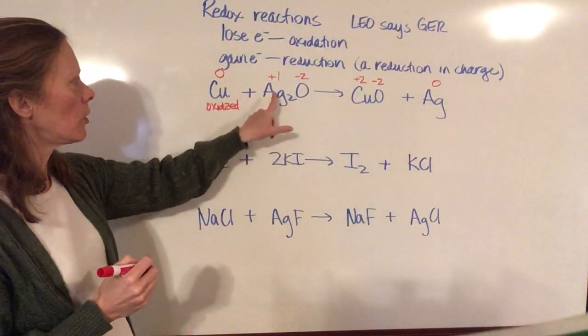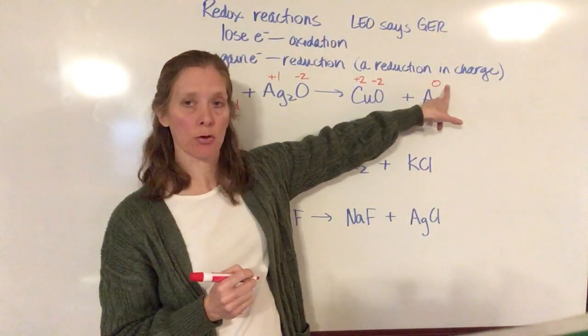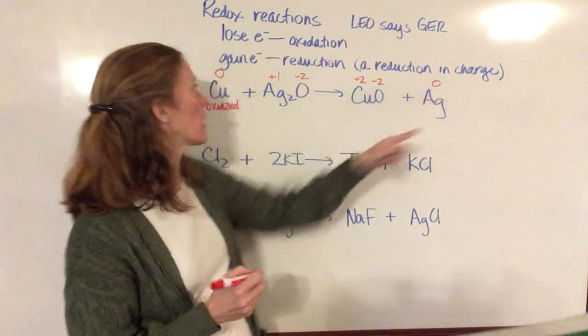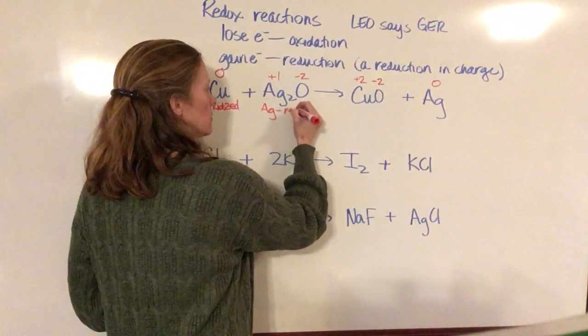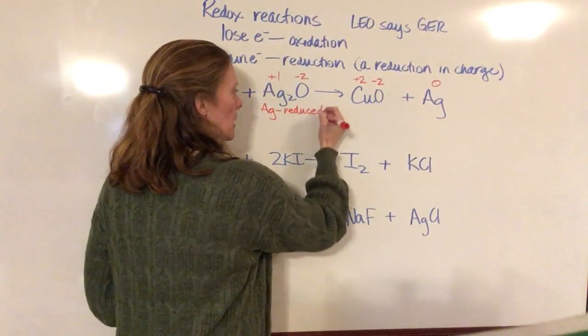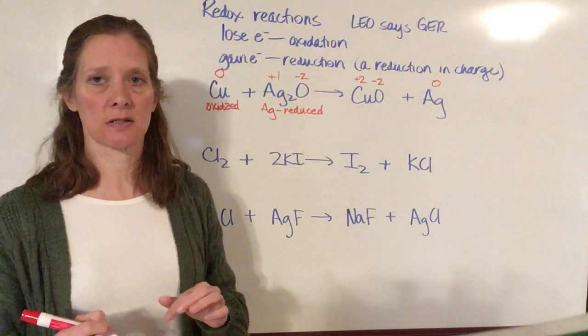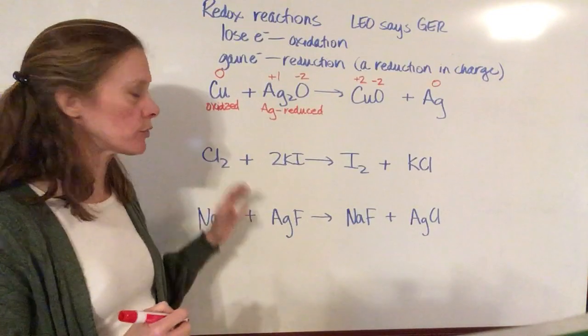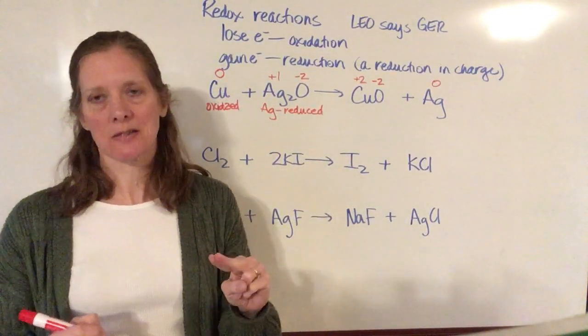The silver went from a +1 down to a 0. It had a reduction in charge because it gained electrons. So the silver was actually reduced. Now, here's a trick to make sure that you haven't made a silly mistake someplace. Anytime that you have a redox reaction, something has to be reduced and something has to be oxidized.